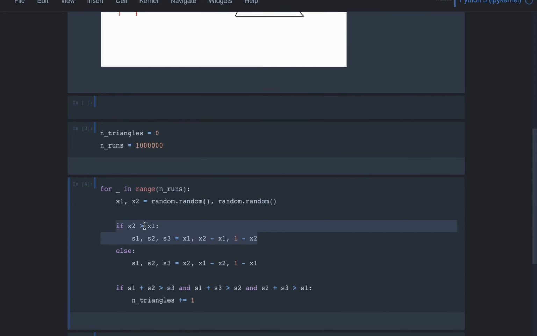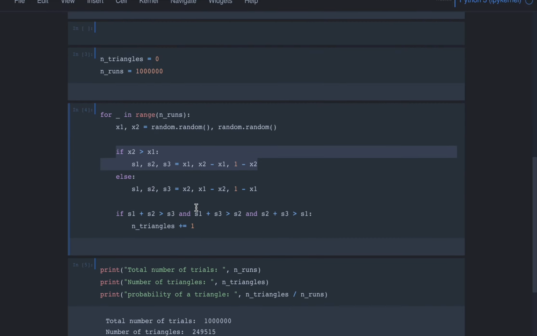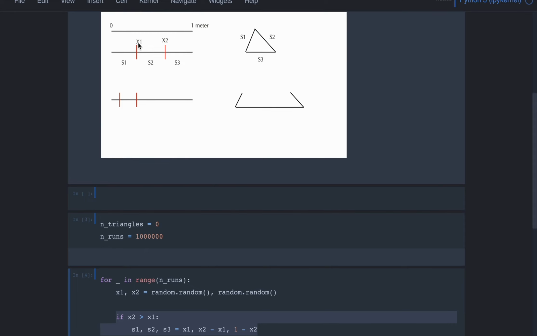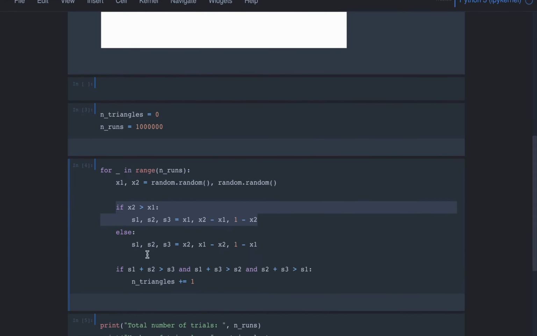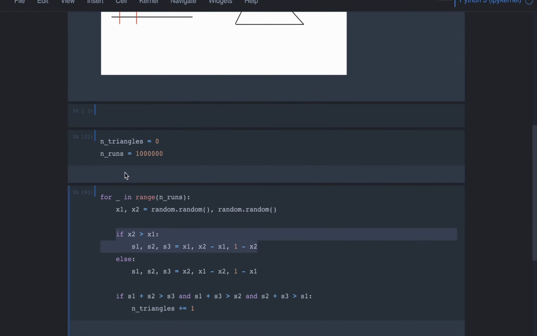Now, if it's the other way, for example x1 happened to be greater than x2, the logic simply reverses. The length of the first segment will be x2, the length of the second segment will be x1 minus x2, and finally the third segment will be 1 minus x1. Okay, so far I guess up to this point is clear.